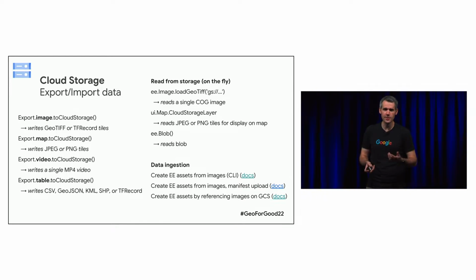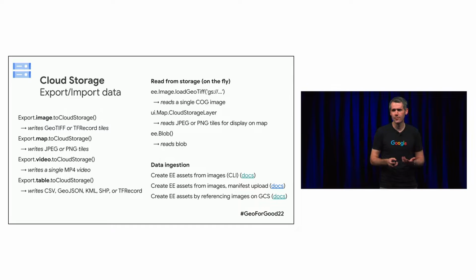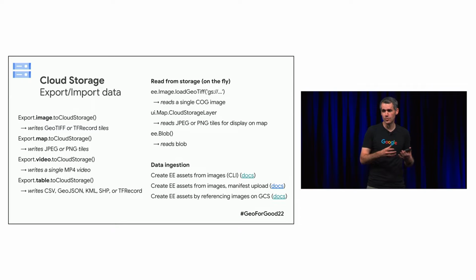And by all means, you're free to do that. Cloud storage just opens up many more possibilities where you can integrate those exports into existing workflows that you have within Google Cloud, whether it's serverless compute or you're getting data outside of Earth Engine to run a large model or something within Google Cloud that can't be run in Earth Engine. Cloud storage gives you the opportunity to do that.